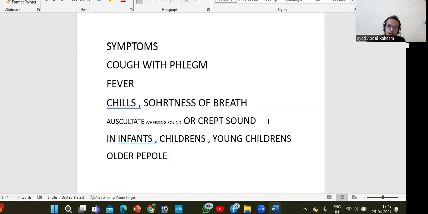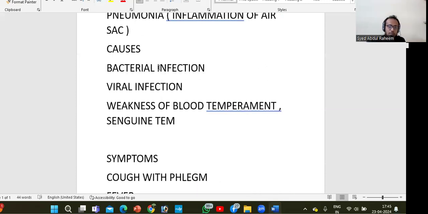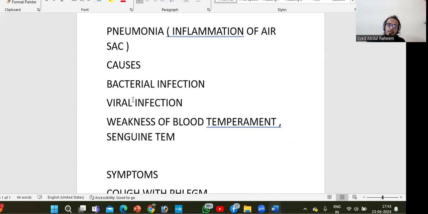I already told you: bacterial infection, viral infection, or weakness of the sanguine temperament. In bacterial or viral infection, the immunity is very weak. Here, the blood temperament is the temperament of the patient that is responsible for keeping the body in equilibrium or at a healthy level.